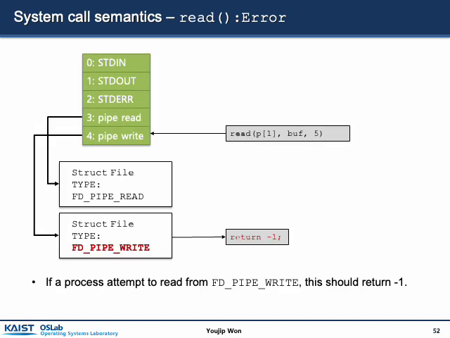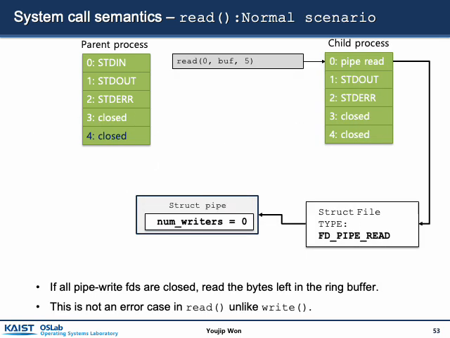And here is the system call semantics for the read system call. You have to implement your read system call considering the pipe file case. If the process attempts to read from a descriptor that is pointing to the write end of the pipe buffer, your read system call should return -1. When one process is reading the pipe buffer, there can be no more writer process of that pipe buffer.